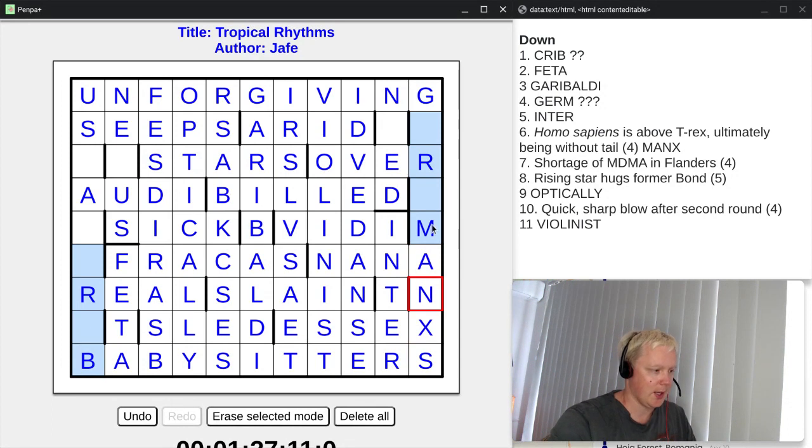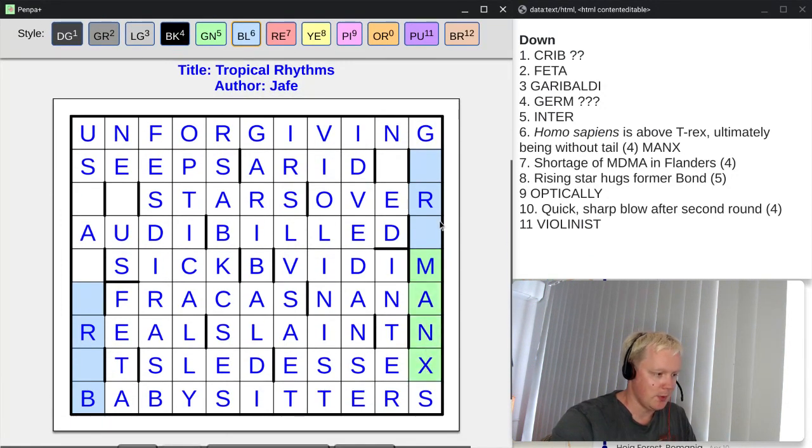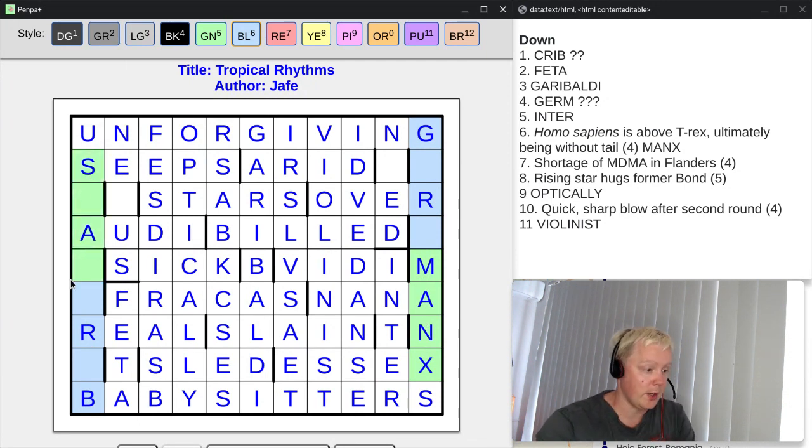So M-A-N-X. So let's mark Manx like that, which means this other answer is definitely here. So we are not using these letters. We are using these symmetrically to this one, and then the answer symmetrical to this one is going to be here. And we can draw some lines now.